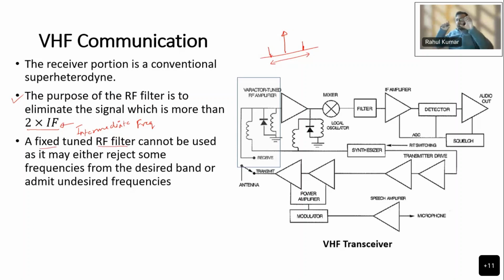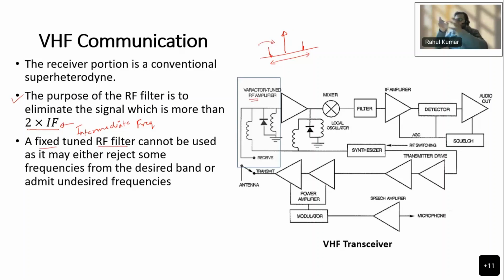We do not tune our filter to eliminate fixed frequencies or allow only a range of frequencies. The reason is it may either allow some additional frequencies to pass through, or it may reject some desired frequencies. So generally the tuning of this RF filter is not fixed, it is variable.